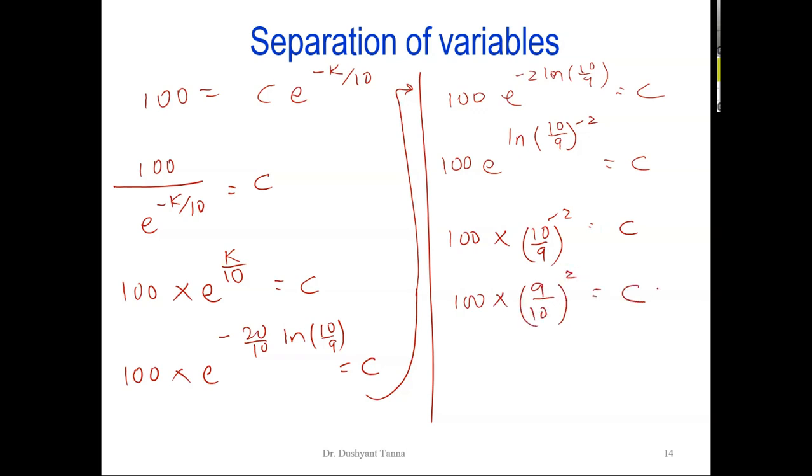So 100 times 81 over 100 is C, and therefore C is equal to 81. That was the reason I chose the K value in log. If you're a fancy calculator person, you can replace it here and simplify it and get the value of C as some number. And I'm sure that will be 81. So I got my K, I got my C.